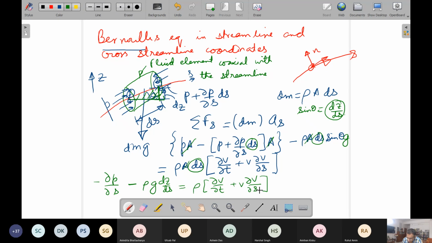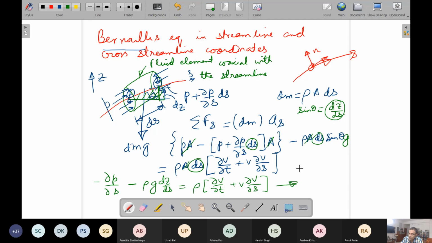This is the corresponding equation for the S direction.